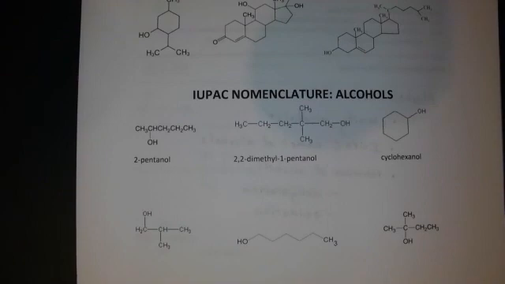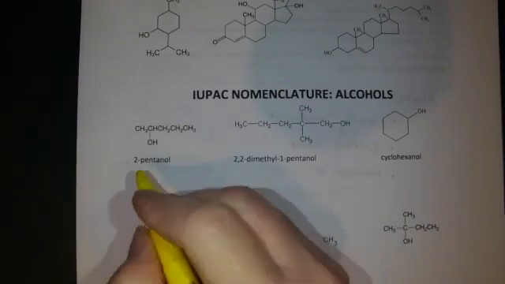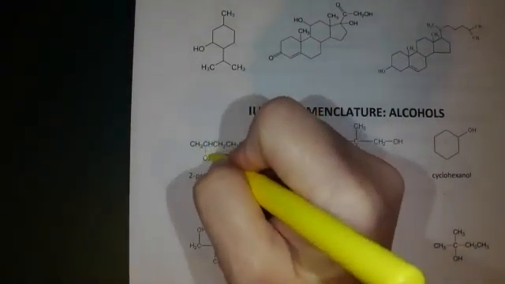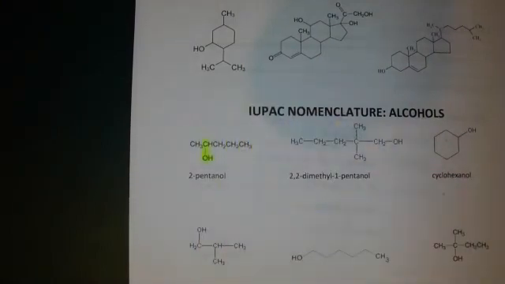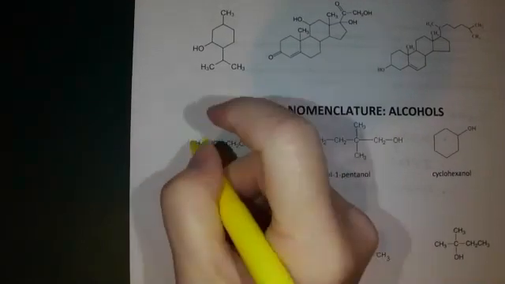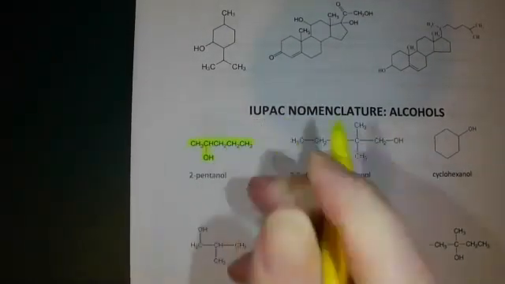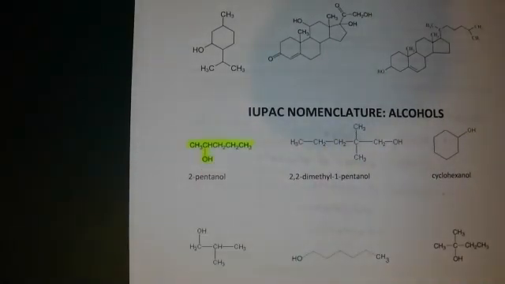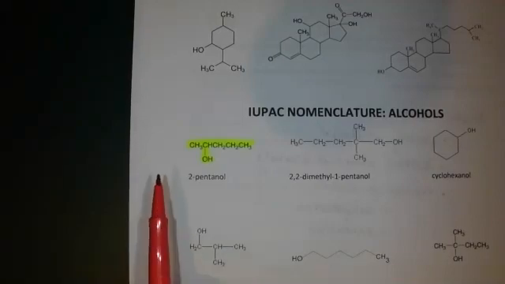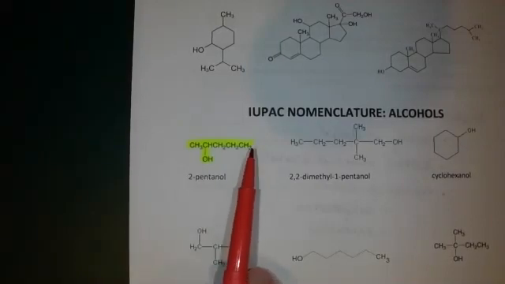What you'll want to do always is identify the alcohol group itself, OH bonded to a carbon, and then find the longest continuous chain that includes that alcohol functional group. In this case, it's that longest continuous chain. And then the next step is to number the carbons in that longest continuous chain, and you will number them sometimes from the left end, sometimes from the right end.